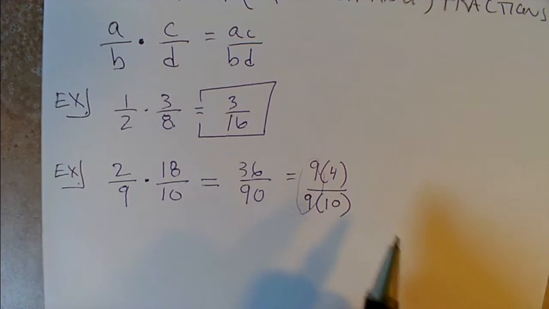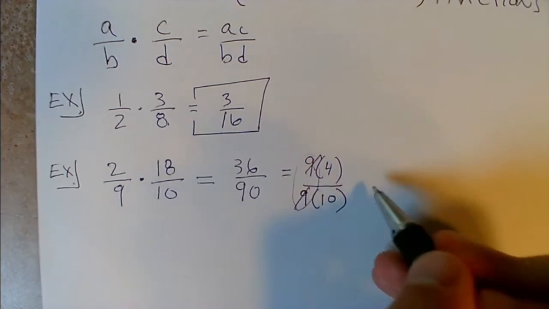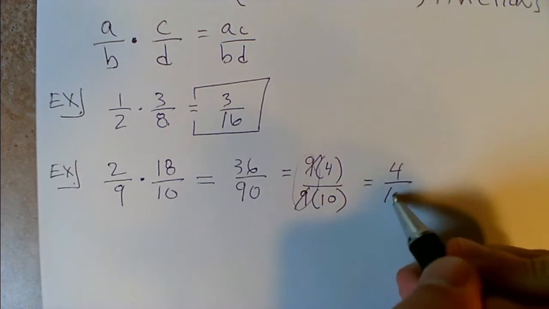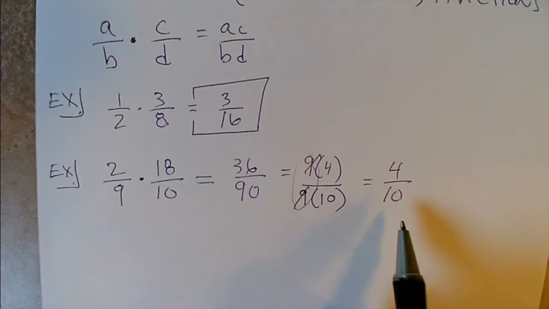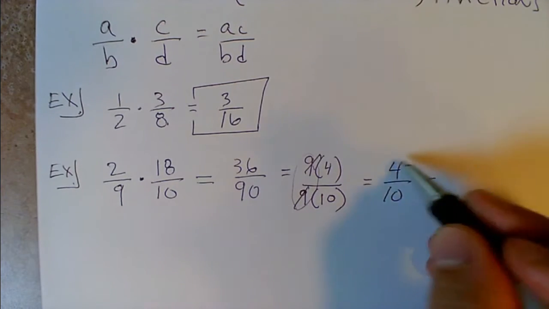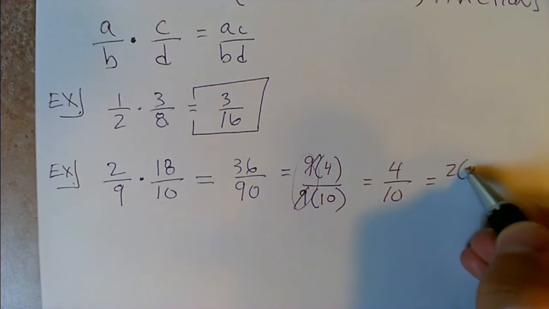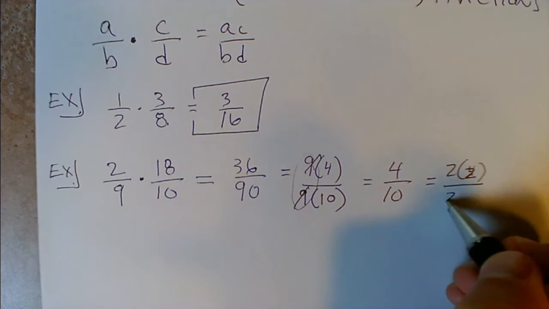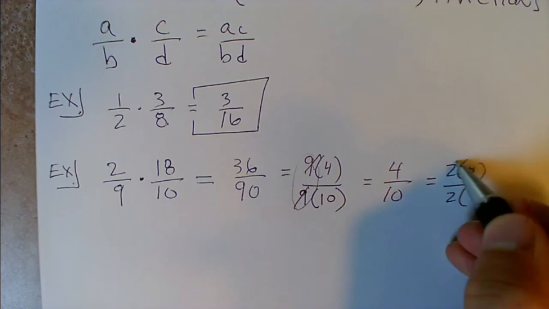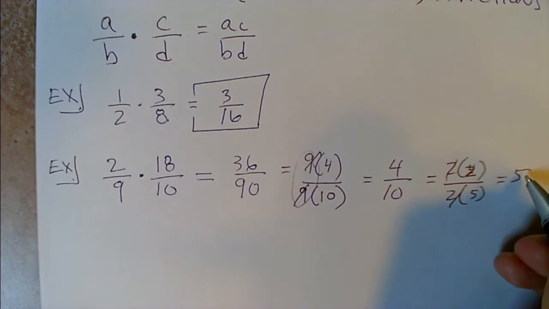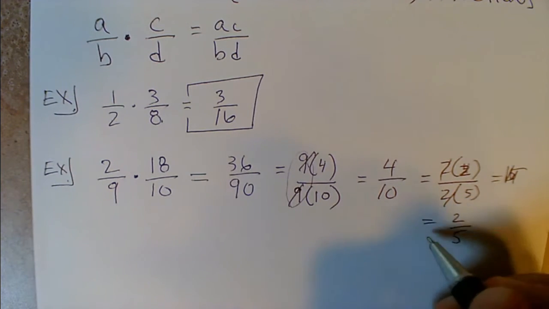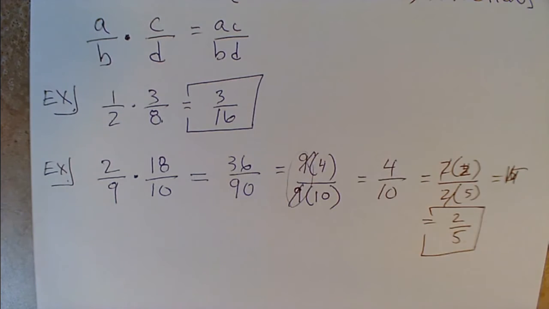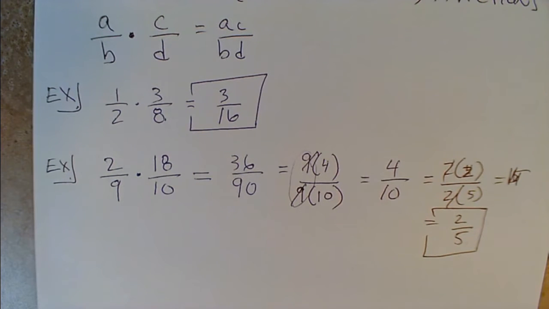Multiplying 4 over 10 by 1 doesn't do anything, so those cancel, leaving me with 4 over 10. These numbers both have a factor of 2 in common, so that's 2 times 2 divided by 2 times 5. These 2's cancel, and I don't get 5 on top. This is why you do math in pencil, everybody. You get 2 over 5. So that's the answer, 2/5.